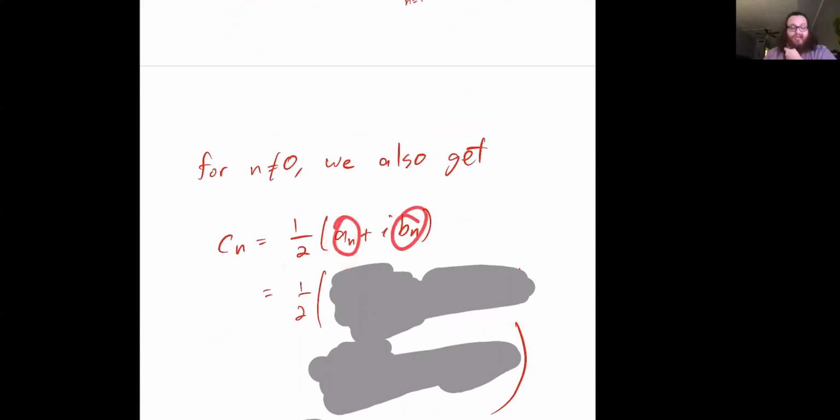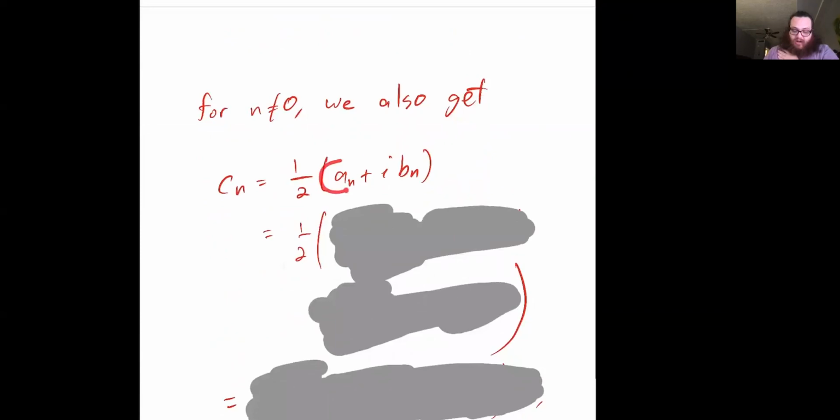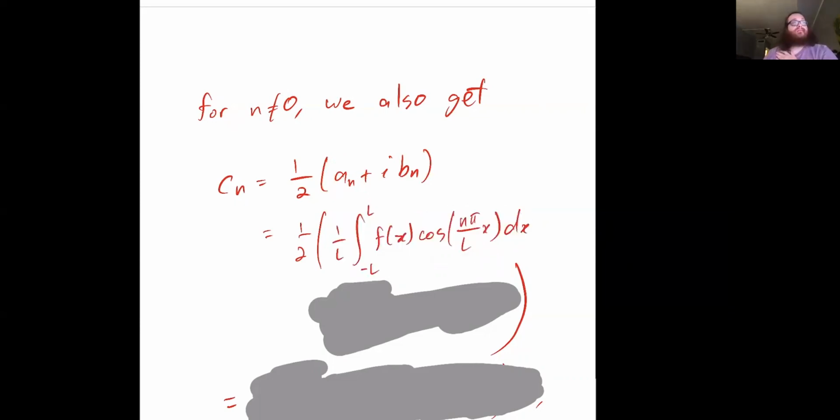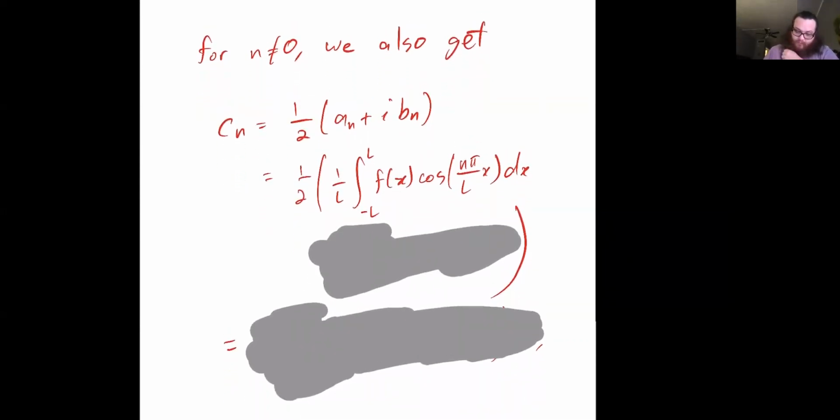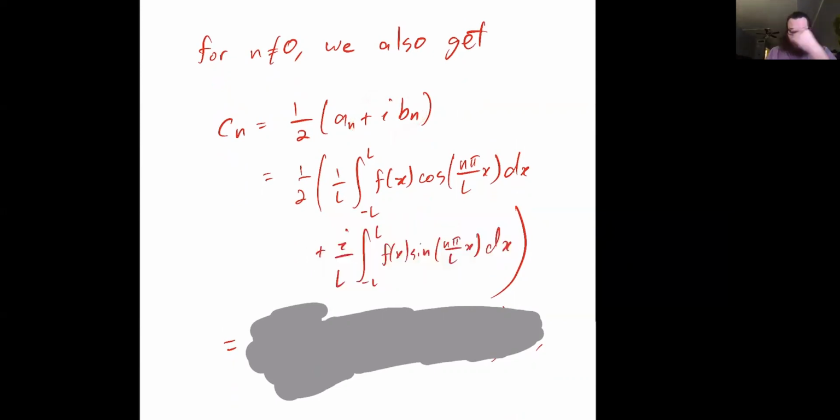So a sub n and b sub n were defined in terms of integrals, remember? So what we can do is just plug in the integrals for each of these pieces. Plugging in the integral for a sub n, we're going to get that. This is how we computed a sub n using orthogonality of sine, et cetera, or of cosine, et cetera. And then we add in i times b sub n, which is i times this integral for b sub n. And we're going to end up with this thing.